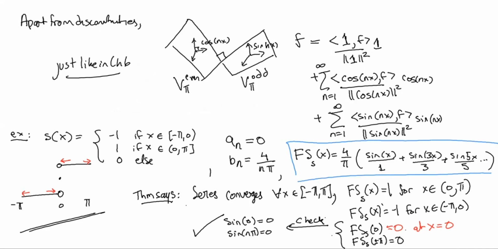That's an infinite sum. If you take any finite sum of them, it's always going to be curved, right? Because it's a sum of sines. It won't be perfectly square. What the theorem is saying is that this converges to the square. So it's saying at all of the points except 0, it's going to get as close as you want to the right value. Any other question?